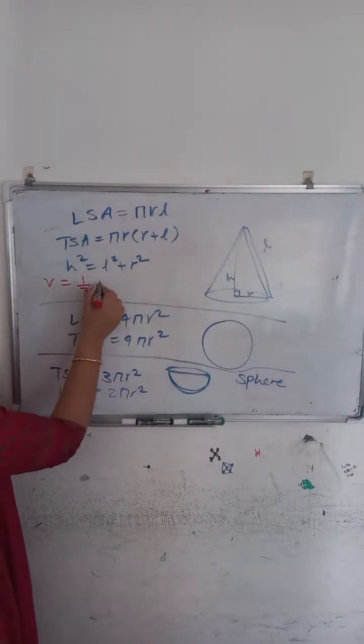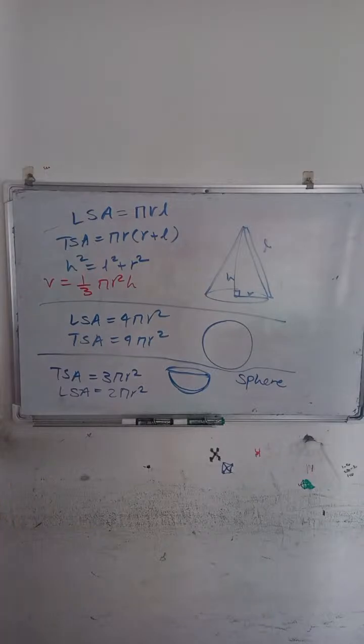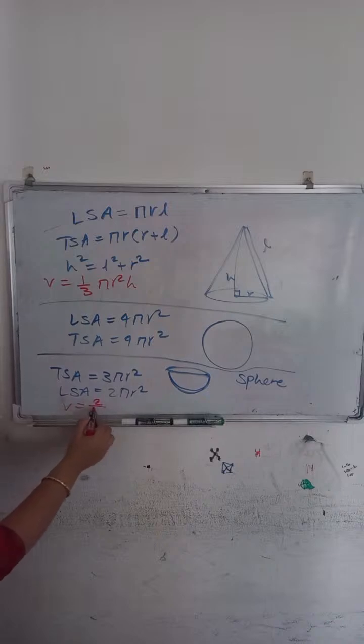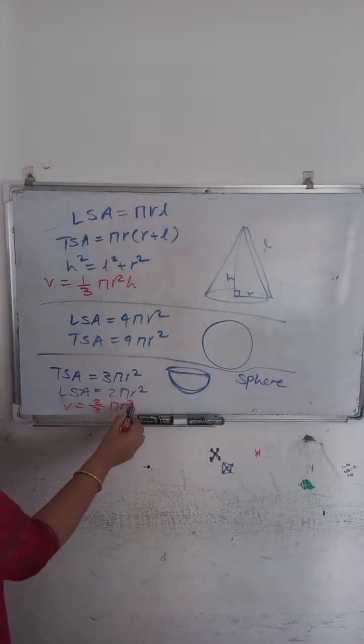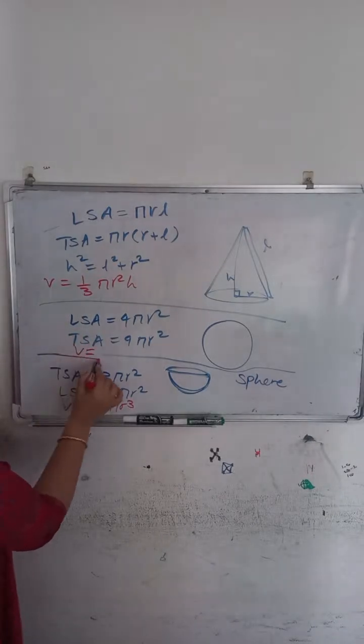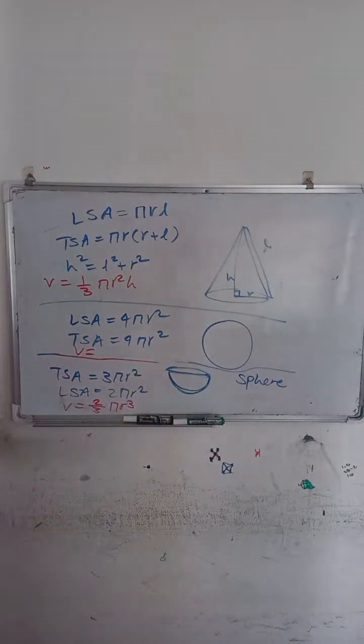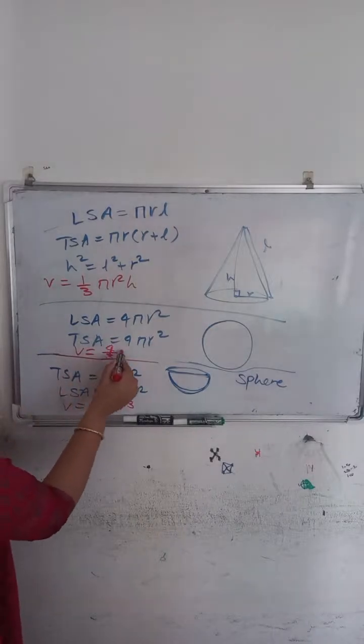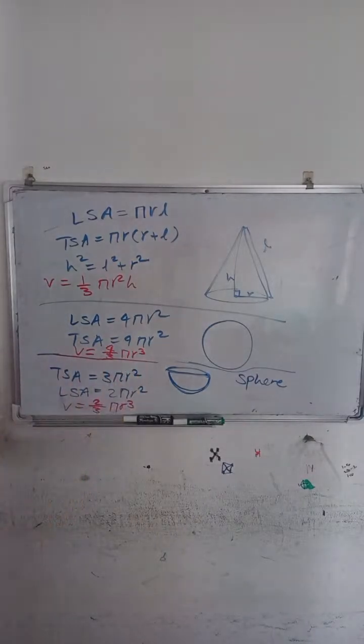The volume of the hemisphere is 2 by 3 pi r cube, and the volume of the sphere is 4 by 3 pi r cube.